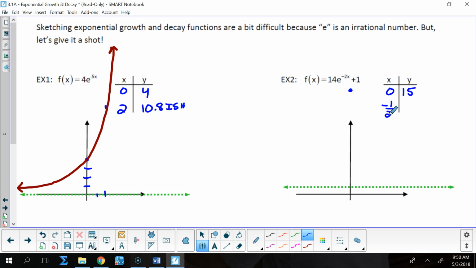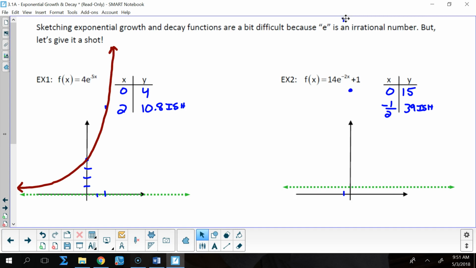Call it 38, plus 1 is like 39-ish. So I went half in the negative direction and I can't even get up there.